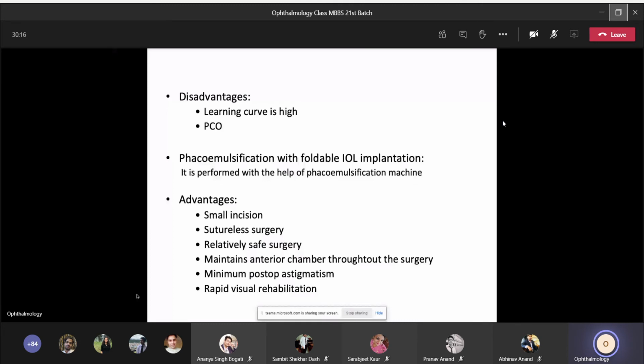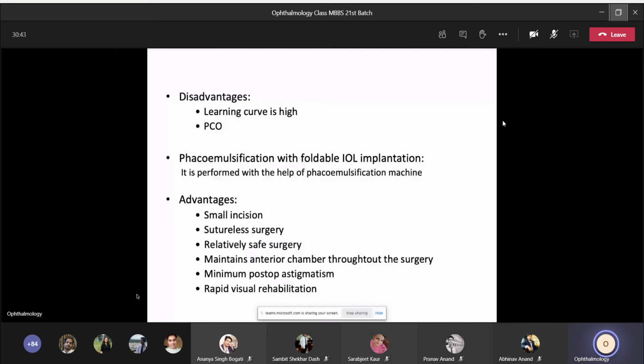But the cost of the phacoemulsification machine is very high. It's a very costly machine, so the cost of surgery is also more for the patient. So this is a costlier technique, but the advantage is that the incision is very small, and this is a sutureless surgery and a stepwise procedure.